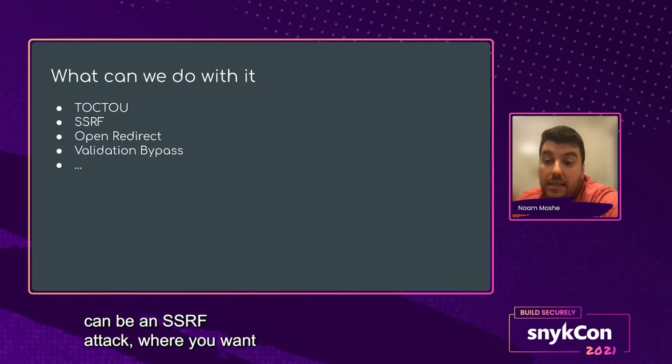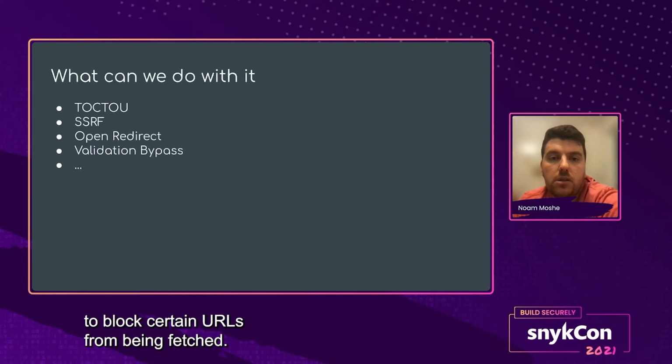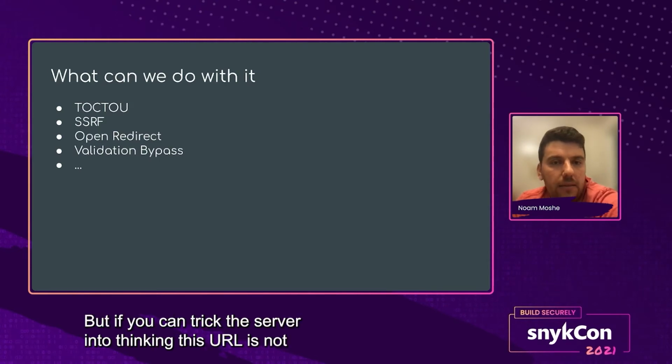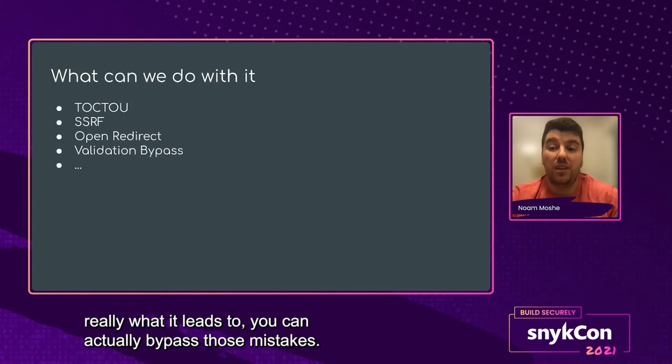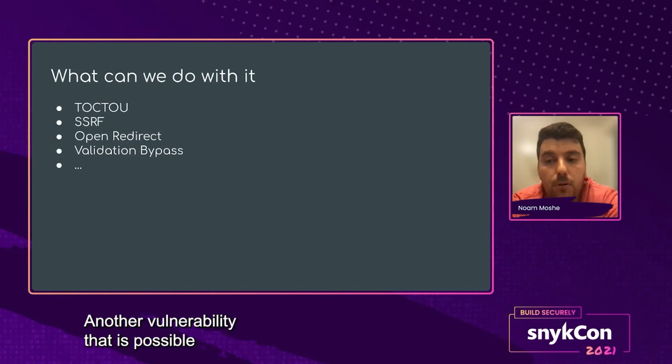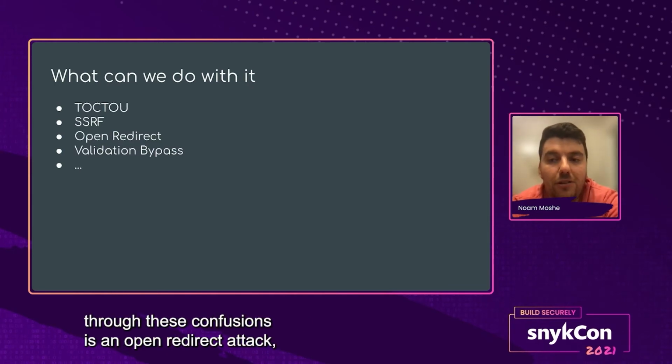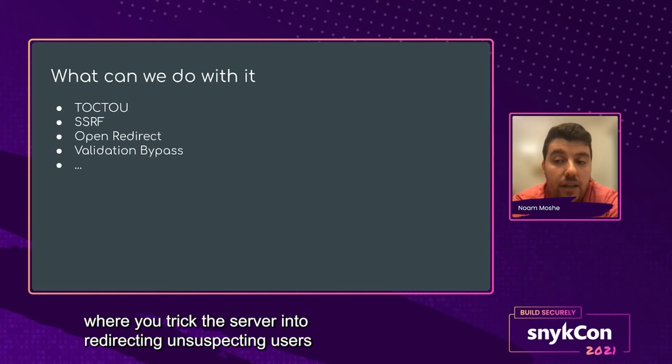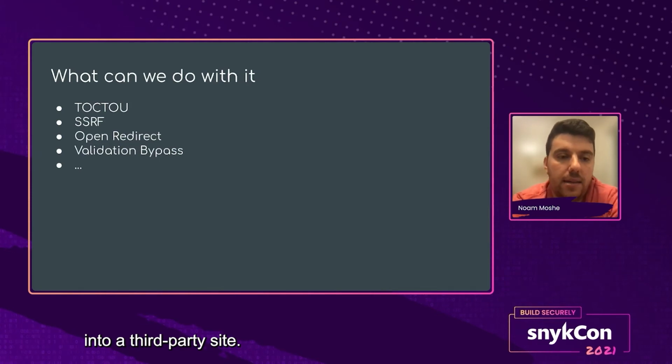An example is an SSRF attack, where you want to block certain URLs from being fetched. But if you can trick the server into thinking this URL is not really what it leads to, you can bypass those checks. Another vulnerability plausible through these confusions is an open redirect attack, where you trick the server into redirecting unsuspecting users to a third-party site.